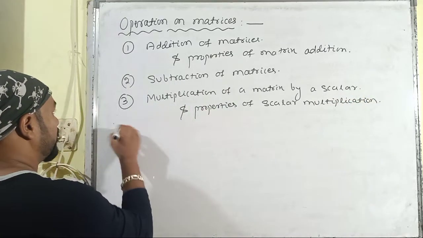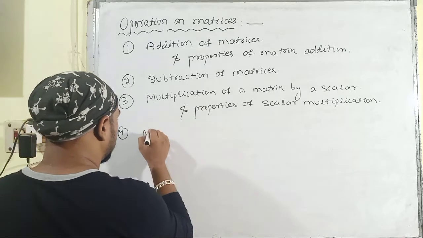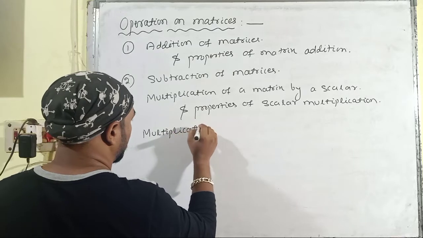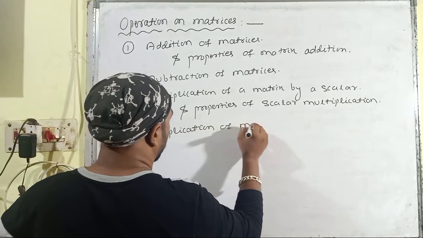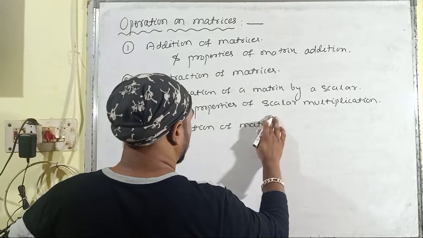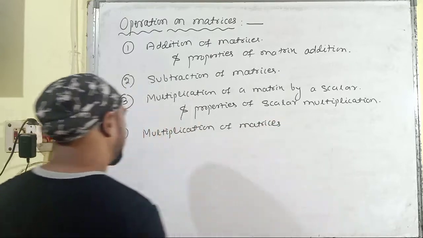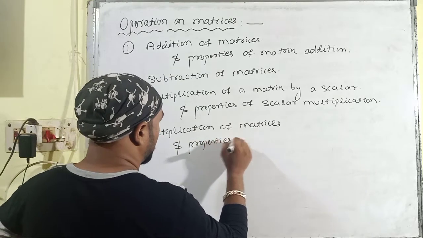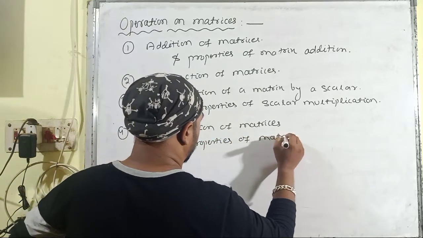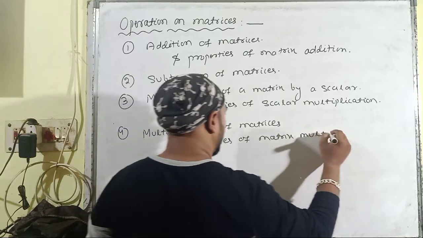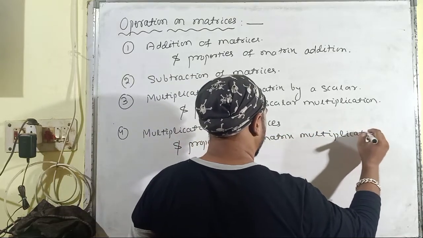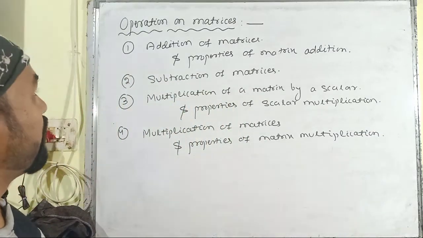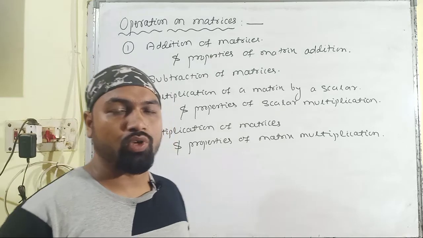Then in the fourth one, multiplication of matrices and properties of matrix multiplication. So these are the four different types of operations on matrices we are going to discuss.